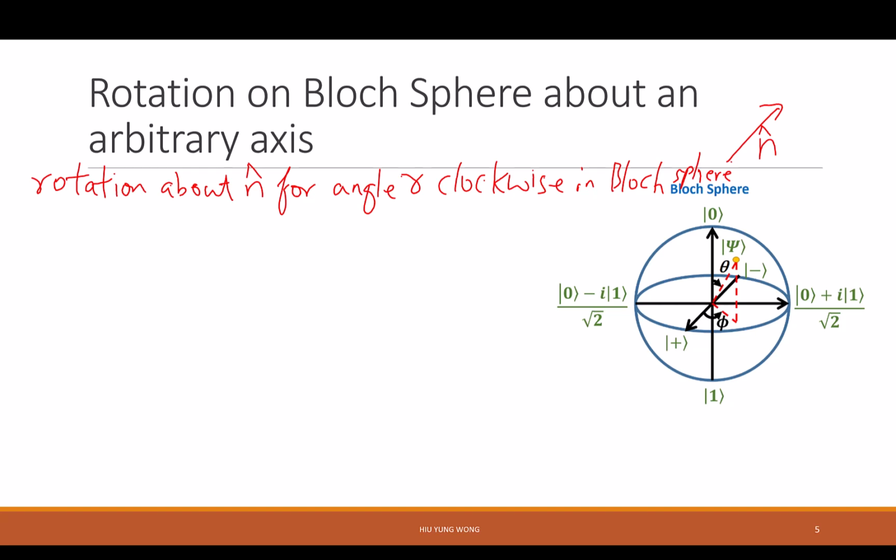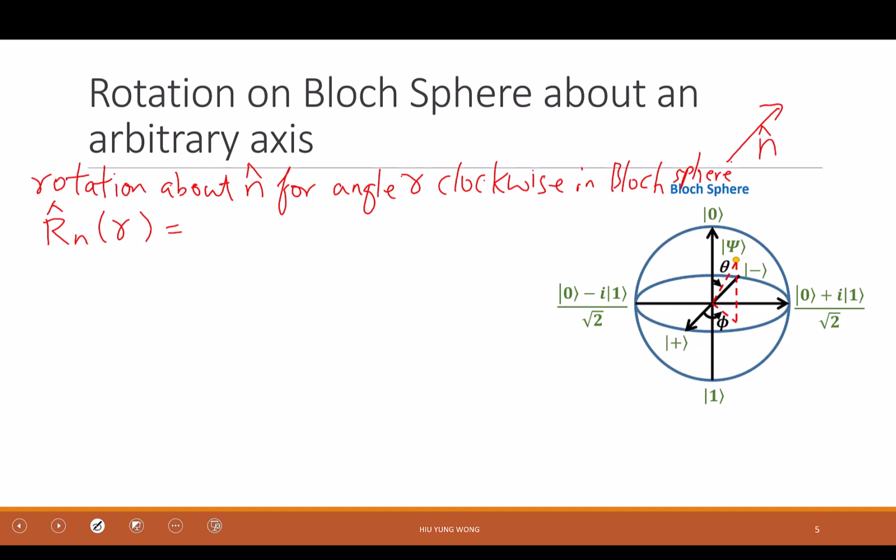So we will say R_n hat of gamma. It means I'm going to rotate about n by gamma degrees. Is this going to be a matrix, a vector, or a scalar?